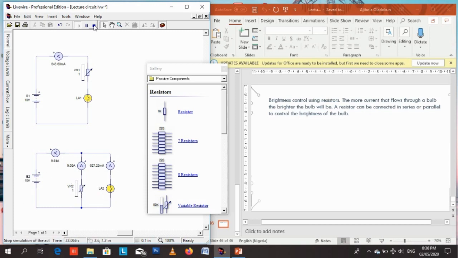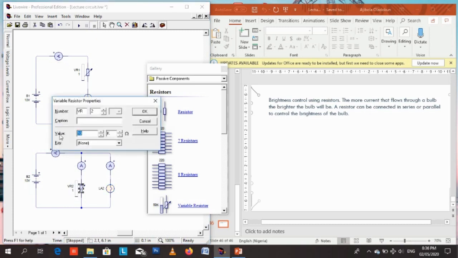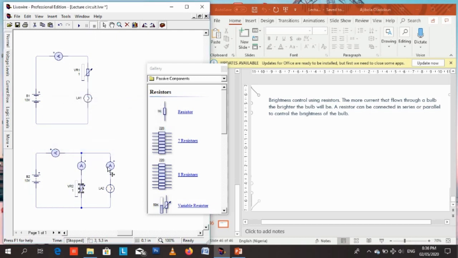What that means is that even if we change the value, it won't matter. The reason this resistor is not working is because of the battery. The battery is able to supply sufficient current regardless of how much current this resistor demands. It asks for 9 amps, it supplies it. So probably the battery is way too powerful.